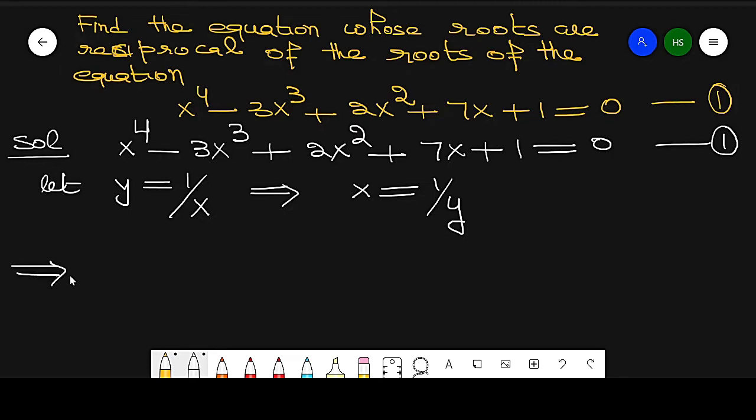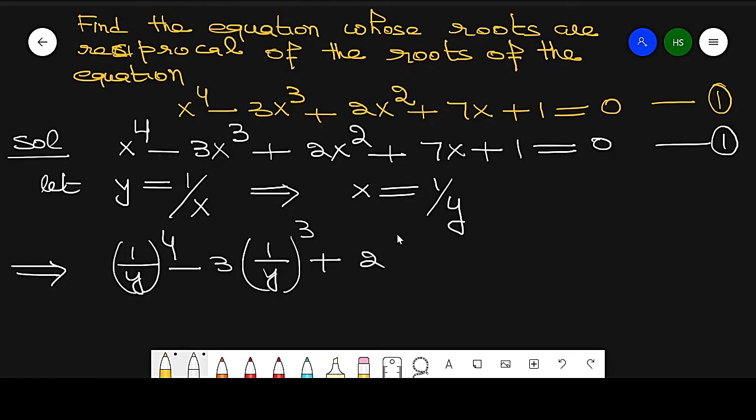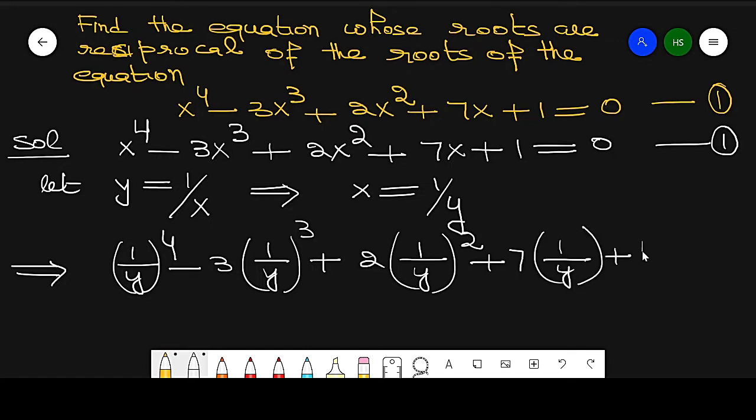So this becomes 1 by y raised to power 4 minus 3, 1 by y raised to power 3 plus 2, 1 by y raised to power 2 plus 7, 1 by y plus 1, which is equal to 0. So this is our result.